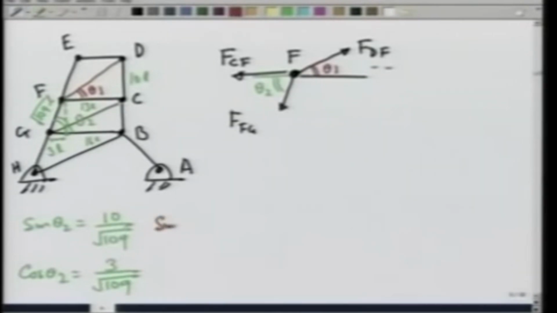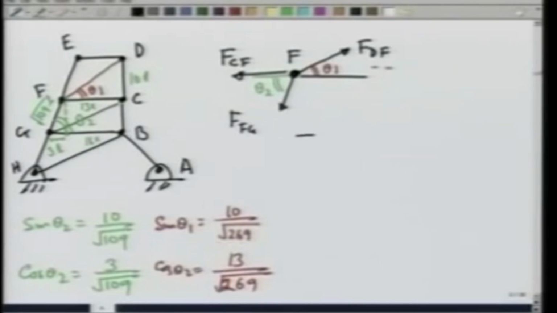We have already seen that sine of theta 1 is 10 over square root of 269 and cosine of theta 1 is equal to 13 over square root of 269.